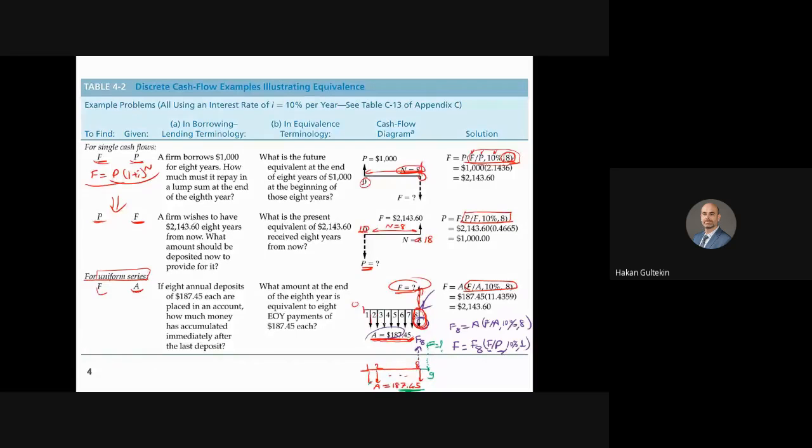And you need to be careful about the number of payments. So you don't need to consider whether it started at time 0, at the end of year 1, at the end of year 2, and so on. It's not important. For future value, the number of payments is important. And you need to know that this future value is the value at the last period. If you know this, you can calculate the future value.